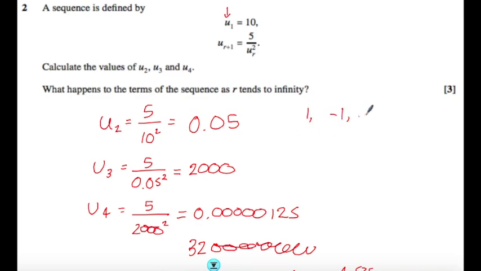For example, 1 minus 1, 1 minus 1 is oscillating around 0, whereas this is jumping all over the place. So when it says what happens to the terms of the sequence as r tends to infinity, well, they're just diverging. So we could go more into it and say, well, the even terms are getting closer and closer to 0, and the odd terms are getting closer and closer to infinity. But really all we need to say is that the terms are diverging.